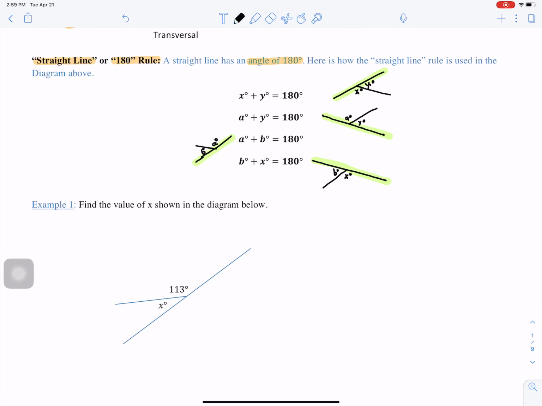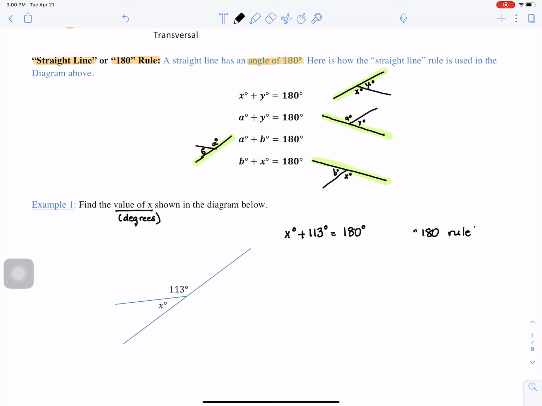So let's look at example 1. It says find the value of X. We're going to be working in degrees, shown in the diagram below. In the diagram, there's a straight line, and then there's a transversal breaking that line into two parts. So I know that X degrees plus 113 degrees has to equal 180 degrees, and that's coming from the 180 rule.